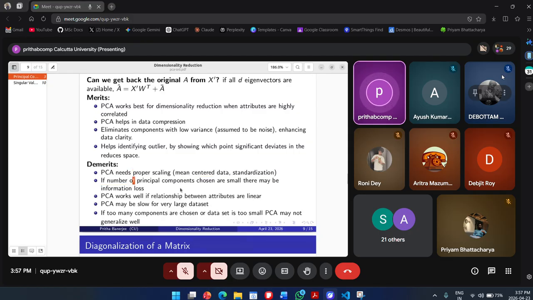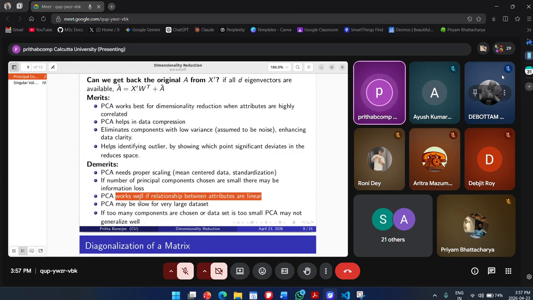Then if the number of principal components chosen is small, there may be information loss that you need to check depending on the requirement. And PCA works well if the relationships between attributes are linear. Non-linear relationships you cannot capture using PCA.